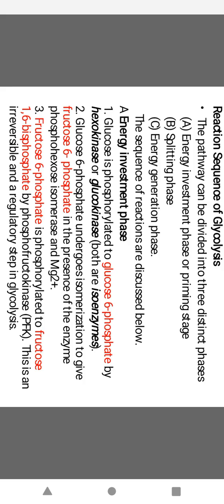Next step, fructose 6-phosphate is phosphorylated to fructose 1,6-bisphosphate by phosphofructokinase. This is an irreversible and regulatory step, the rate limiting step of glycolysis. It is the essential step. This step starts the actual glycolysis.